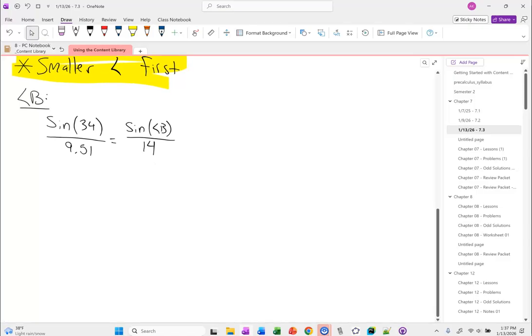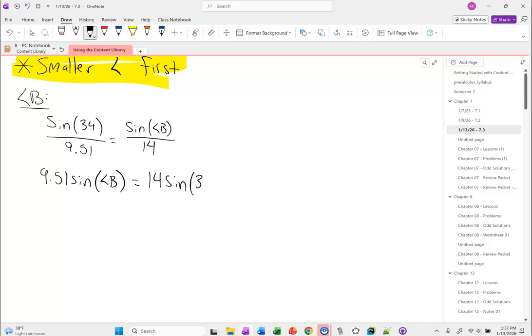We have our proportion. Cross multiply. Everybody's good? Divide by 9.51. And then how do I get rid of that sine out front of angle B?